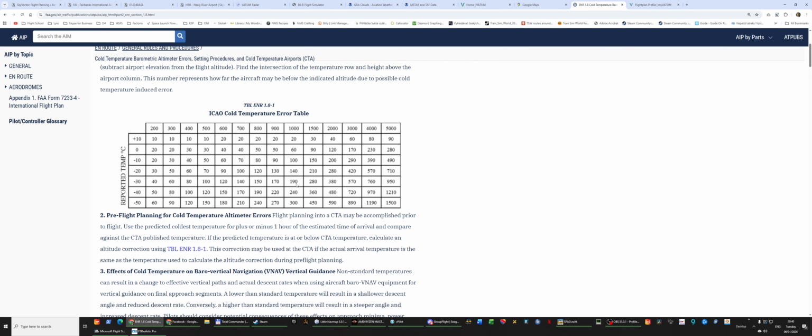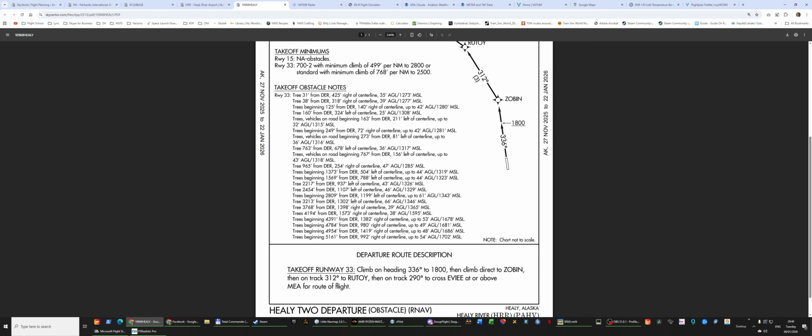I will review this Healy 2 obstacle procedure, right? I can see that we should fly heading 336 all the way to 1,800 feet. 1,800 feet is, let's say, 600 or 500 feet above the airfield elevation, and according to the table, we should raise that by 100 feet.